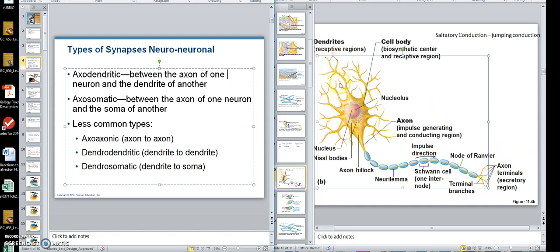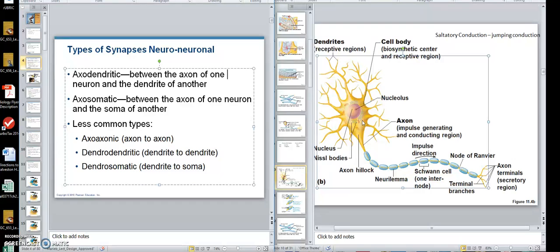So if this was the second neuron in line, an axon would be coming down from a pre and touching one of the dendrites. To say it again, if this was the second neuron, and it's an axosomatic, then the axon of the first one would come and synapse directly on the cell body of the other.